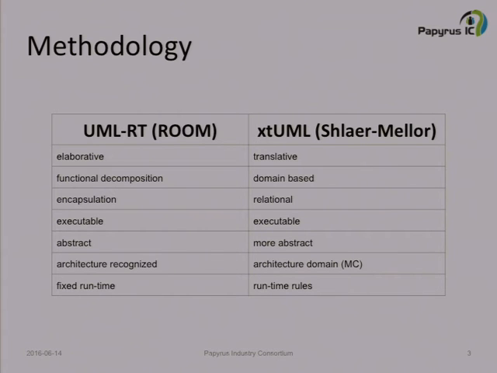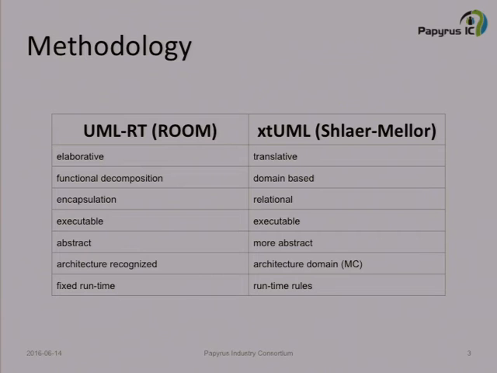In UML-RT, there's a runtime, and so architecture being factored out has been recognized. There's a big focus on architecture. And in Shlaer-Mellor, likewise, architecture is factored out, or what we call architecture is factored out, into a domain called the model compiler.